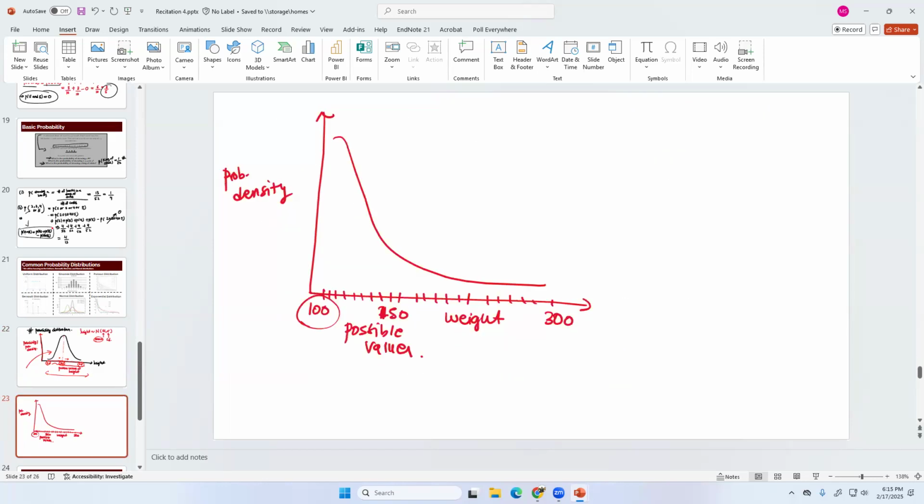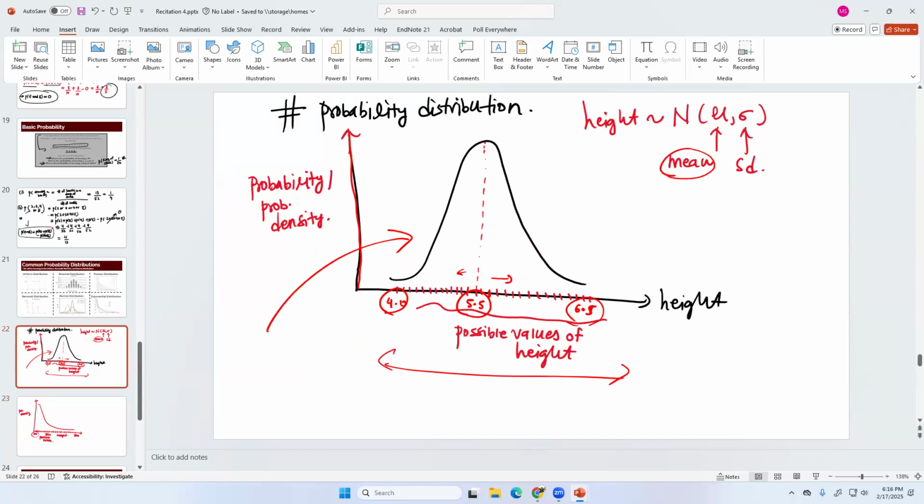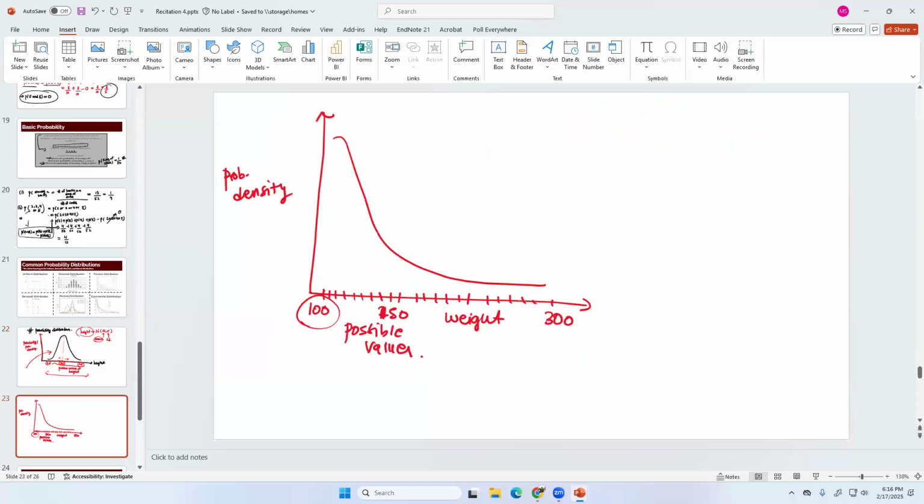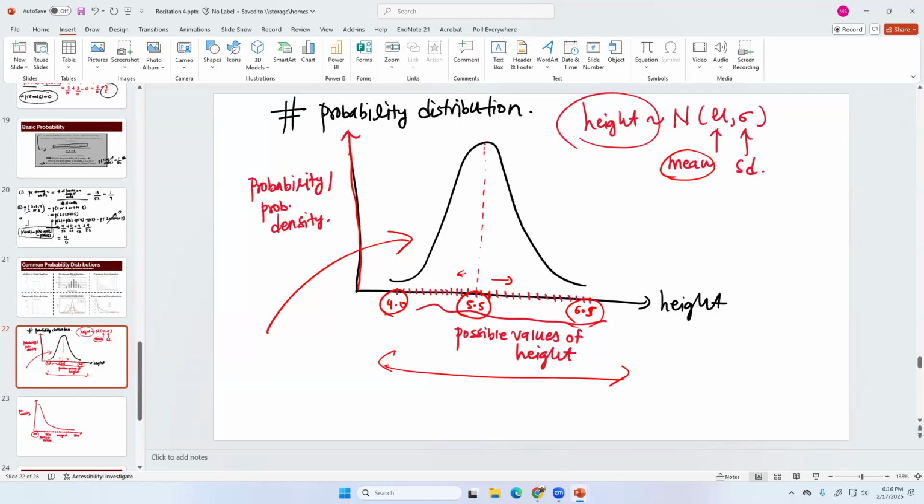Okay, so depending on what sort of data set you have, you have to choose the right probability distribution that fits the data well. So if you have this kind of data, you cannot fit a normal distribution to it. That will give you errors, or that's not the right way to do data analysis.